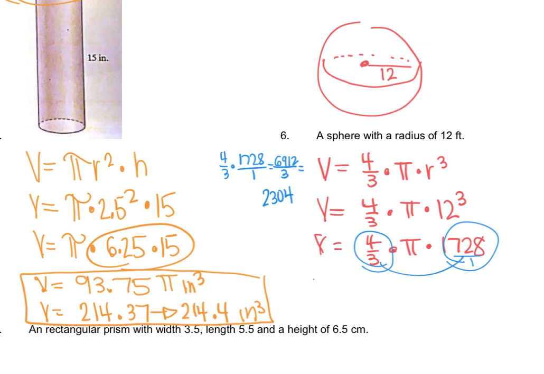So these two are going to give me 2304, and then I have pi. If I want to take that out to a decimal answer, I get 7,234.56, and when I round that, I get 7,234.6. And I am working in feet to the third.